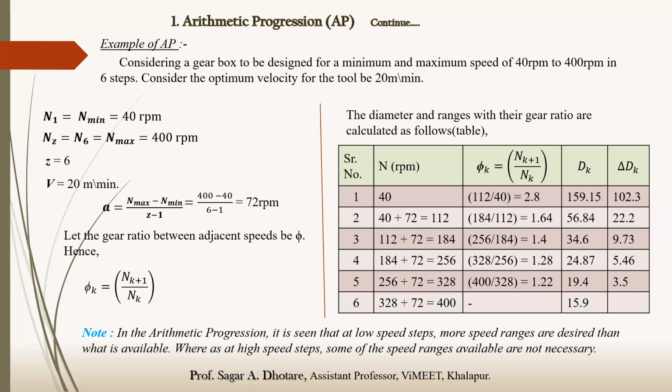So unnecessary steps are also available. The arithmetic progression law can be used to calculate the speed ratio, the number of steps, and the speed variation.